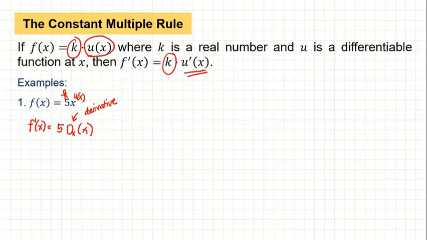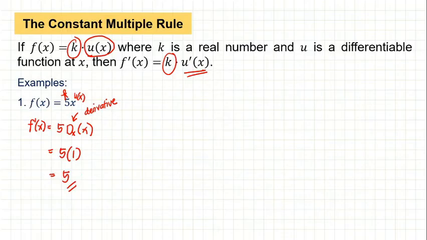Okay, so si f prime of x, si y prime, itong d sub x, mga derivative lang yan. Okay, then after that, we will have 5 times the derivative of x using the power rule. We have computed this one kanina, and that is equal to 1. So this will become 5 times 1, or just equal to 5. So the derivative of 5x is 5.